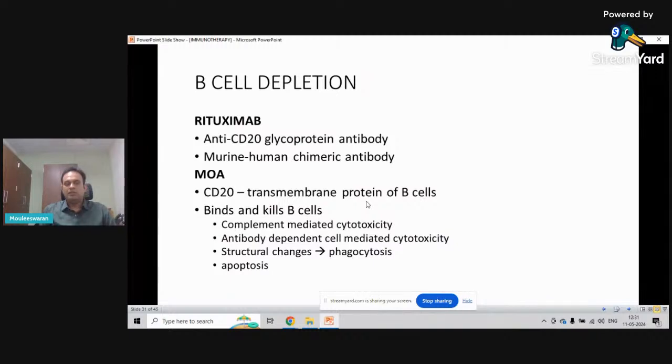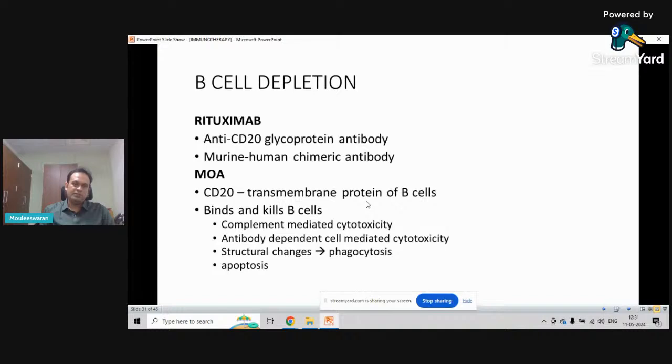Coming to therapies which are targeting B cell depletion, rituximab is the drug which is used, and it is an anti-CD20 glycoprotein antibody. It's a murine and human chimeric antibody. These CD20 proteins are expressed on the surface of B lymphocytes.